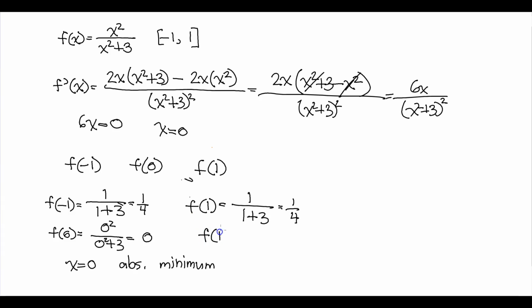That happens at both x equals -1 and x equals 1. So the absolute maximum value is 1/4. See, it's not that hard. You just take the derivative and set it equal to 0.